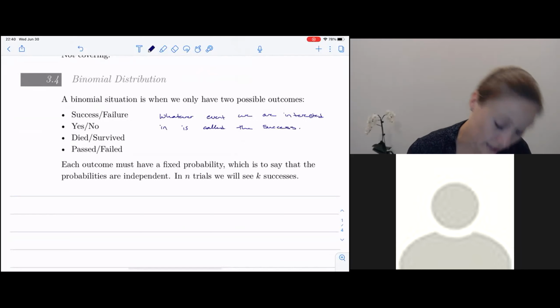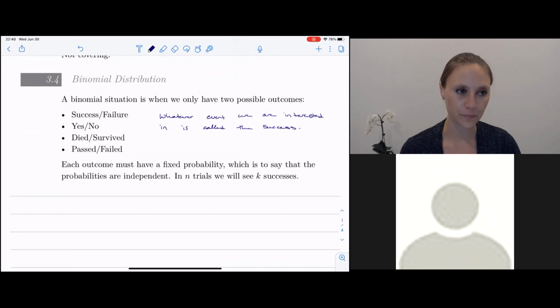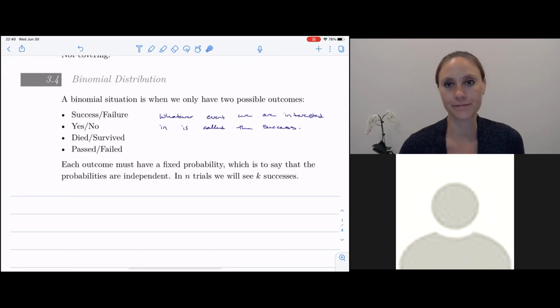And then if that event didn't happen, then that's considered a failure, right? So died, survive is pretty common for binomial situations. Passed, failed, right? So as long as you have only two possible outcomes, right? And a lot of the time you could boil it down and force it to be two possible outcomes.